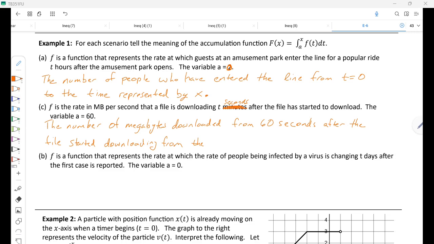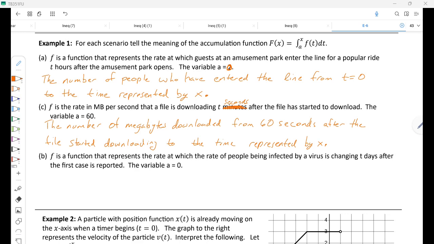60 seconds after the file started downloading to the time represented by X, not from. To the time. Yeah. So again, same deal here.